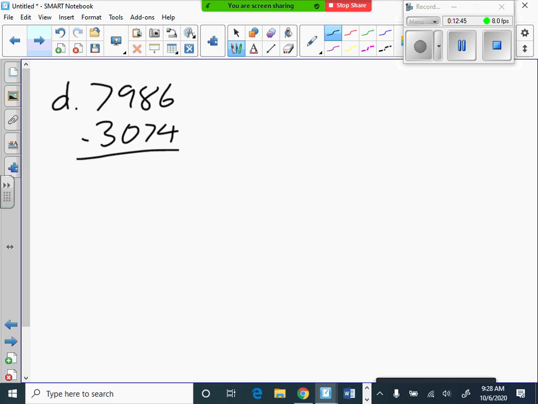What is 7,986 round to? 8,000. It would be 8,000 if we rounded to the hundreds. It would be 8,000 also if we rounded to the nearest thousand. So I'm going to change it to 8,000 minus 3,074 becomes? 3,000. Answer is 5,000.